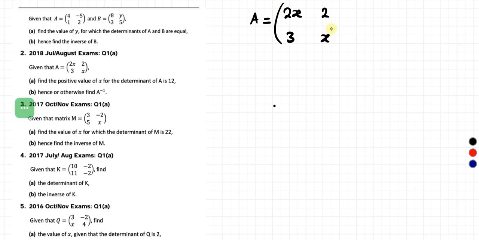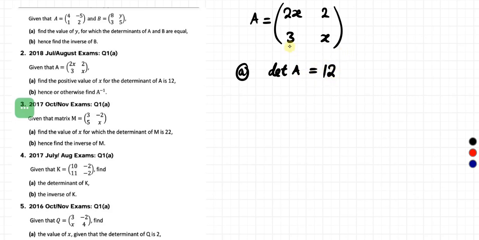They're asking you to find the positive value of x for which the determinant of A is given, the actual value, which is 12.